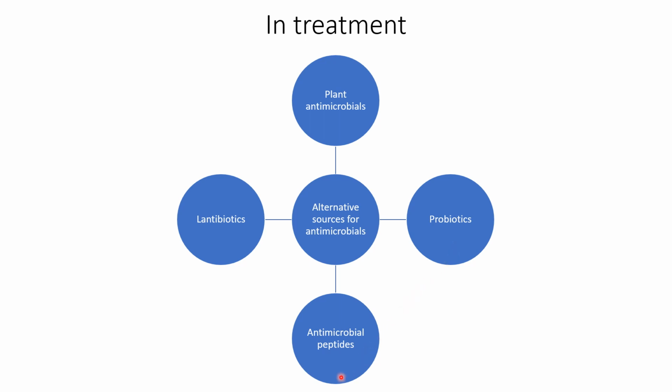And third, there are many short peptides available nowadays, extracted from different plants and microorganisms, called antimicrobial peptides, AMPs, which can be purified and used effectively for curing diseases. And last is lantibiotics. Lantibiotics are short peptides produced by some gram positive bacteria against others.